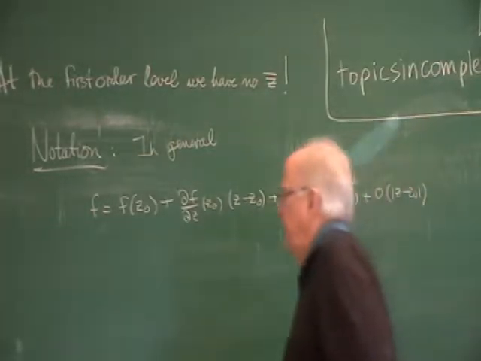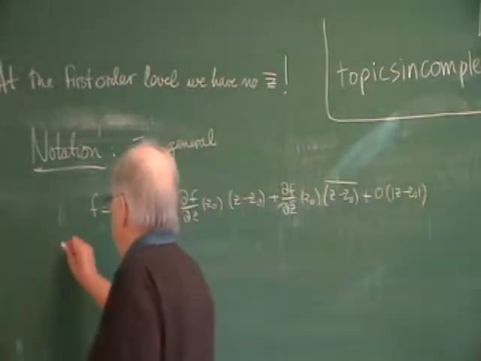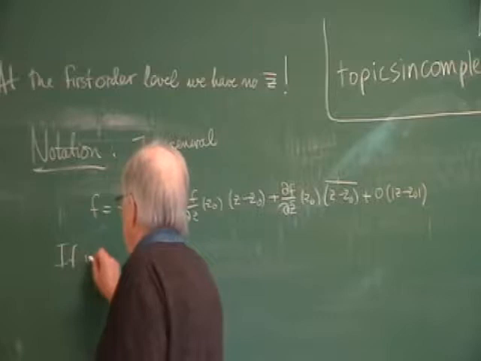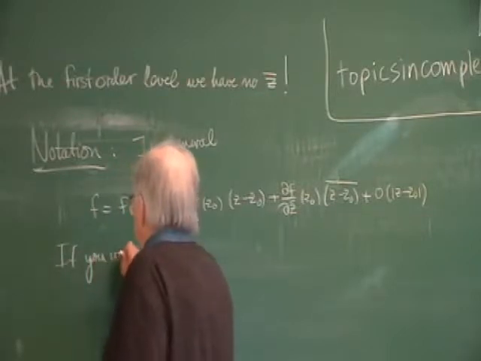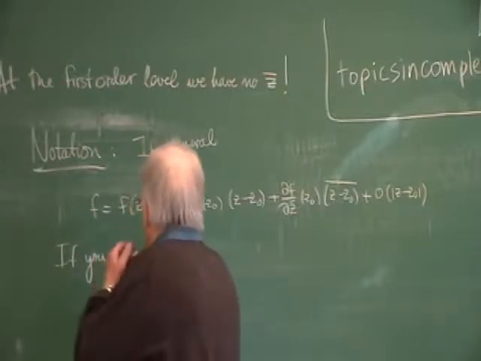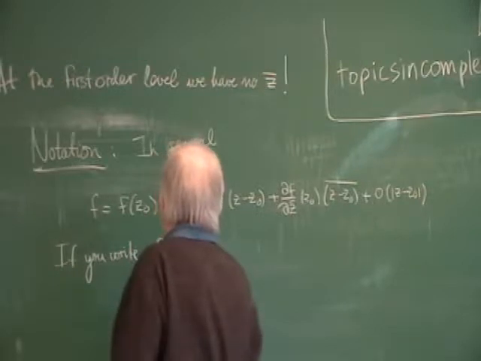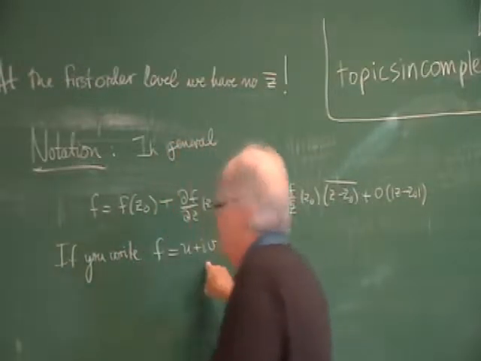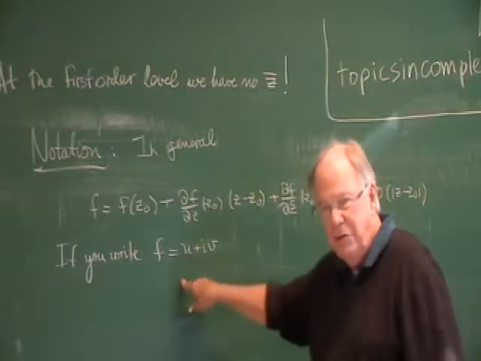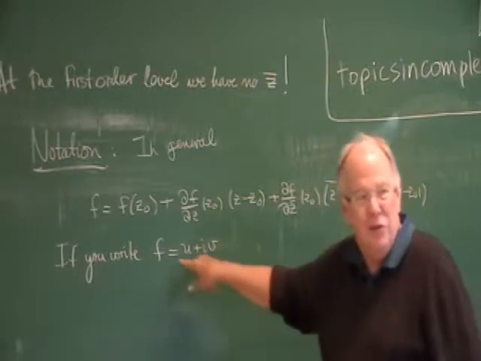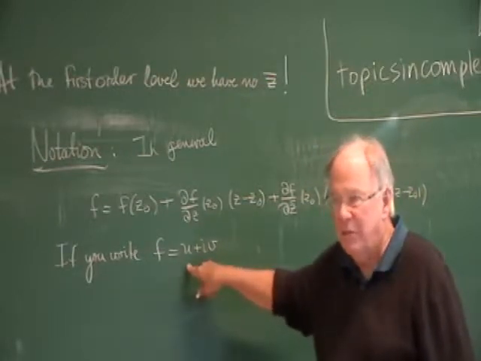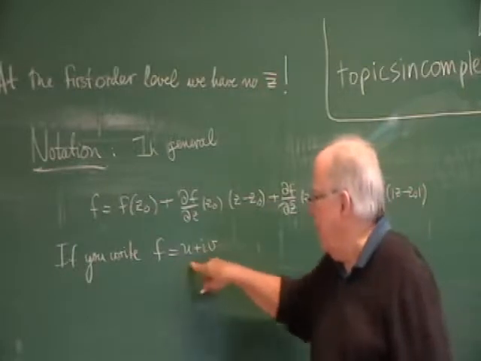Okay. And then if you want to compute, if you write f equals u plus iv, every place in complex analysis in the world, you use here u and v. So u is the real part and v is the imaginary part of this thing. U plus iv.